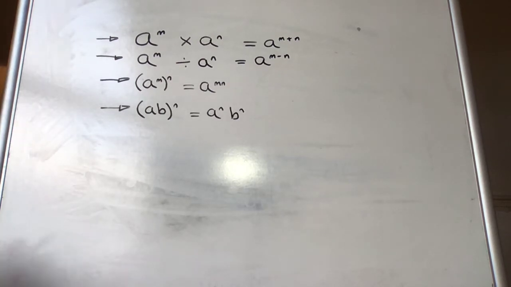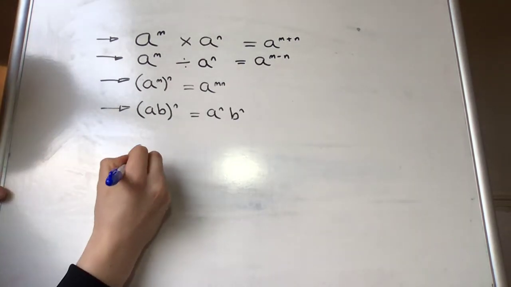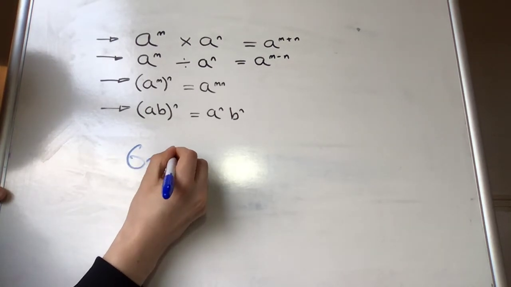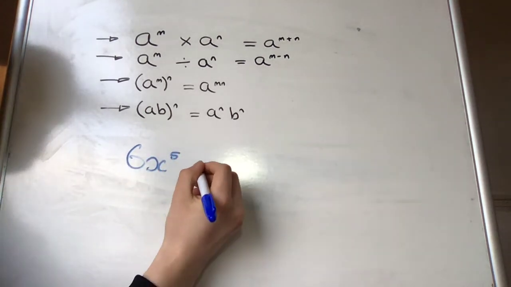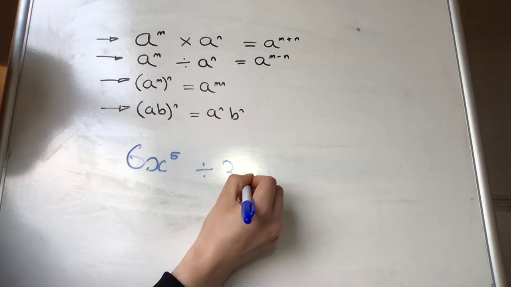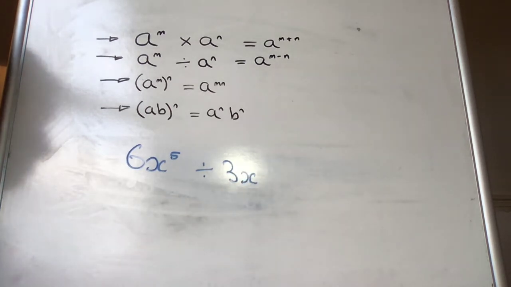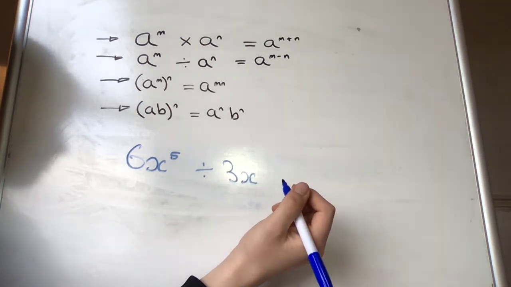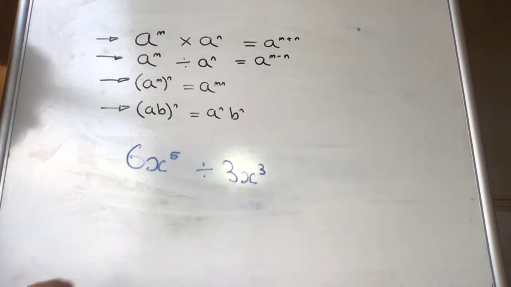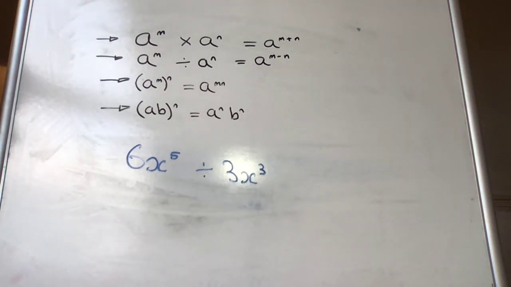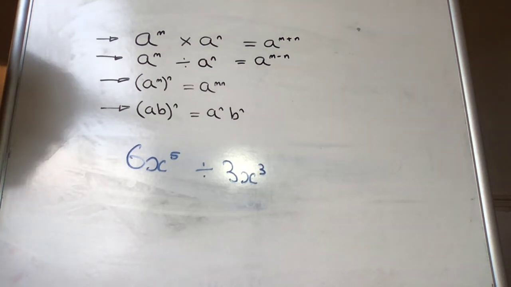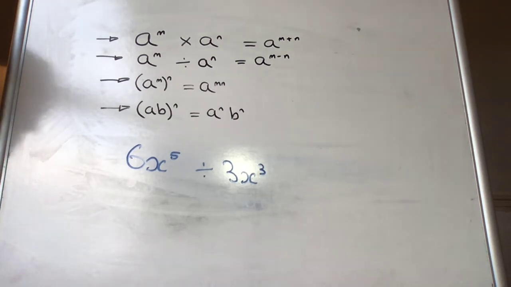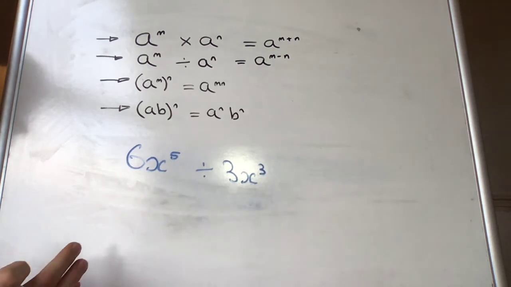Let's try another one now. What about 6x to the power of 5 divided by 3x to the power of 3? Just like we did before, we want to split up the numbers from the powered section.